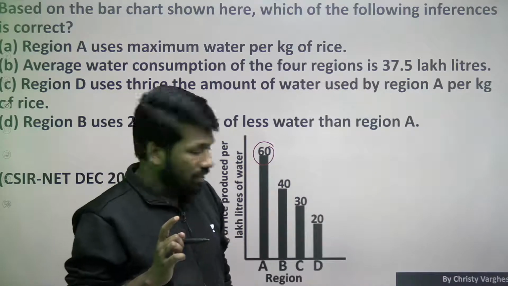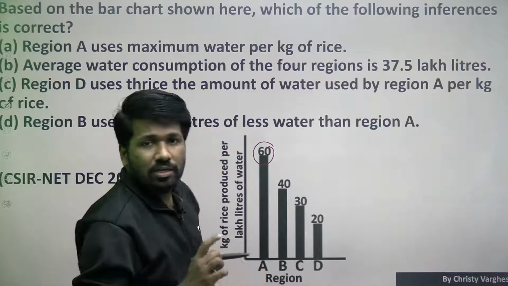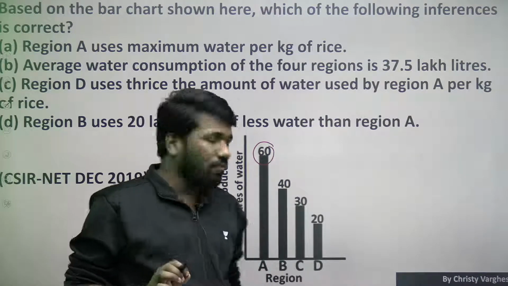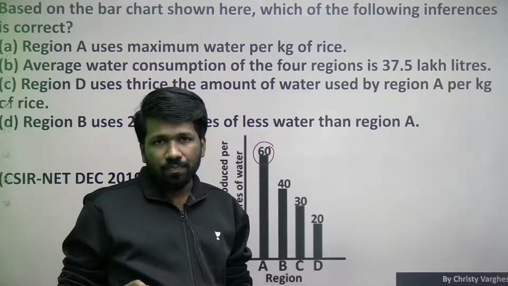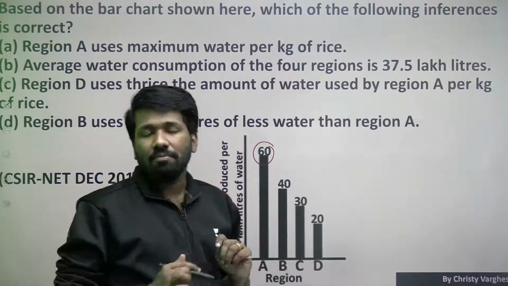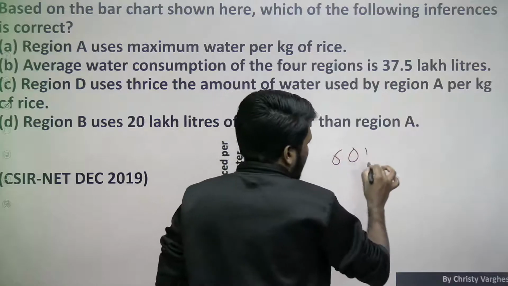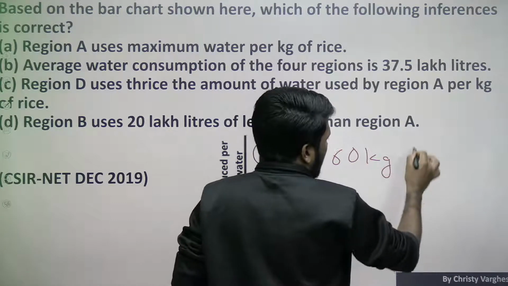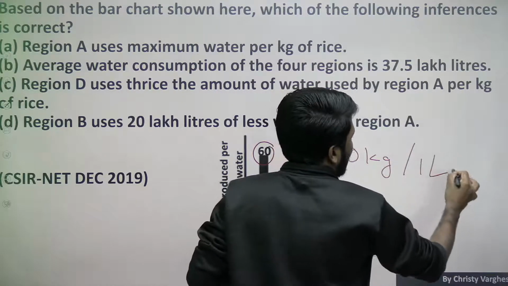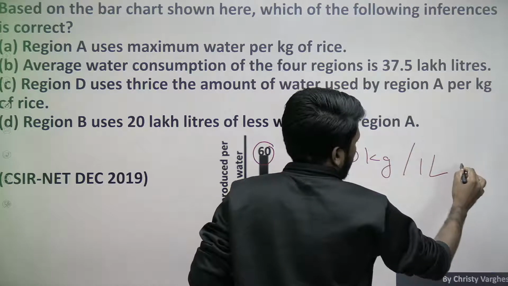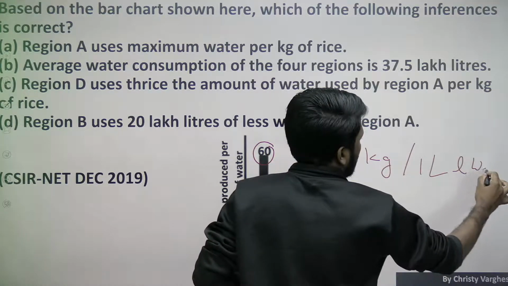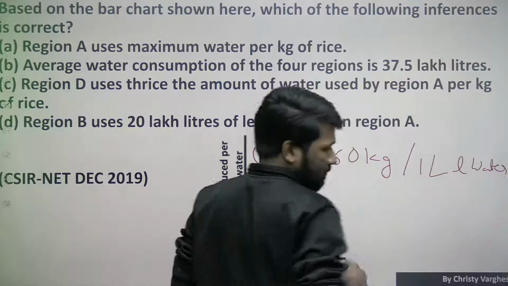That means if this particular region, if you are providing 1 lakh liter water, 60 kilogram rice can be produced. 60 kilogram rice per 1 lakh liter water. This is the meaning of the 60.